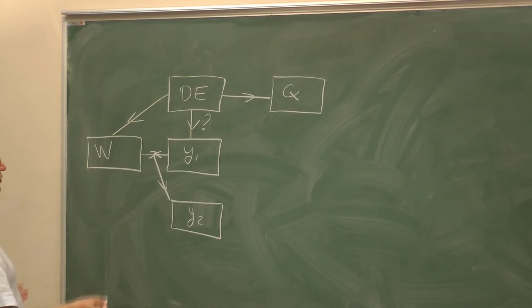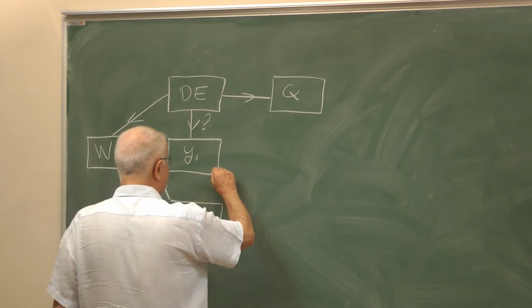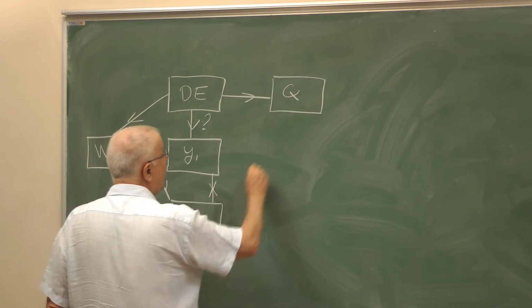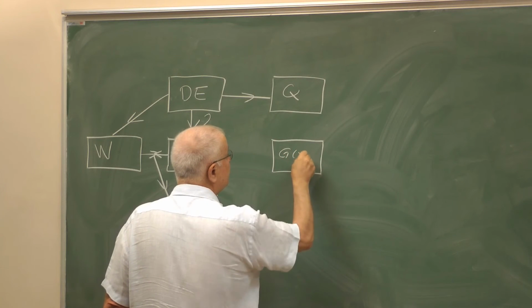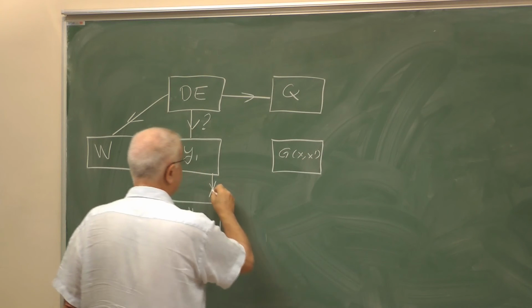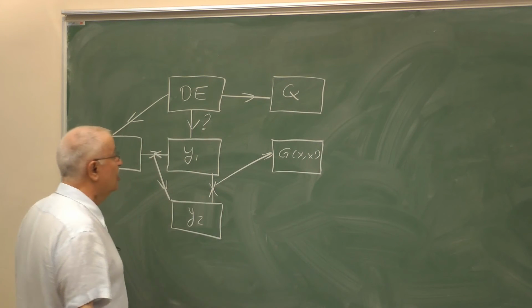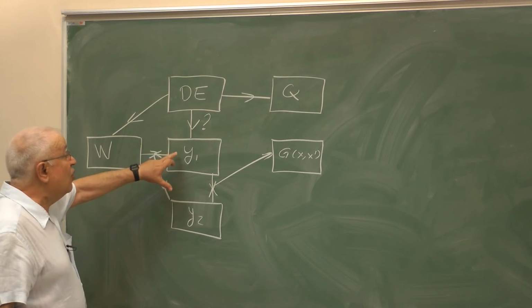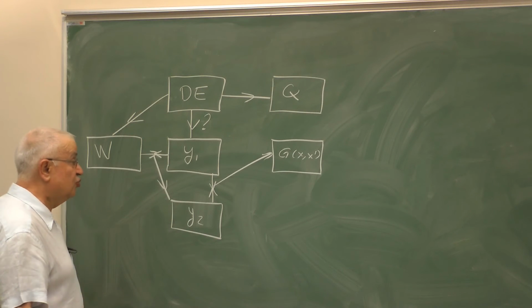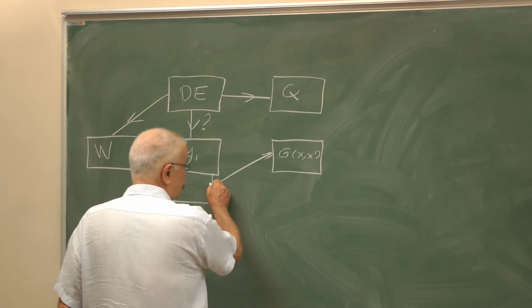What happens if we have the two solutions? First of all, we can put these together and have the Green's function. And multiplying y1 by c1 and y2 by c2, we can get the homogeneous solution.